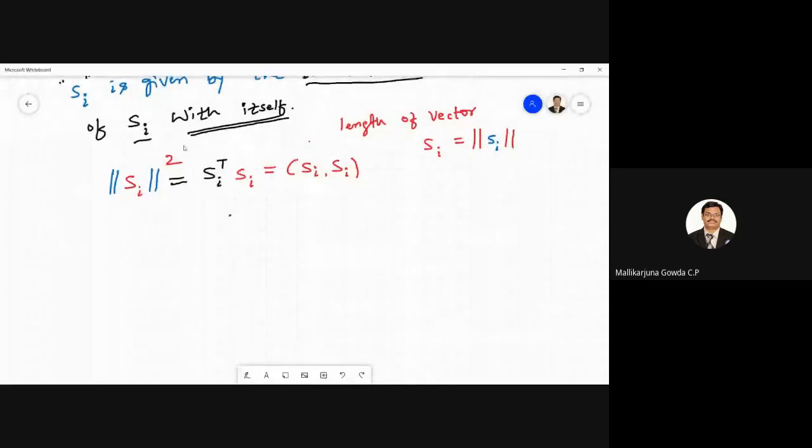I know what is Si, and the value of i can vary from 1 to m.